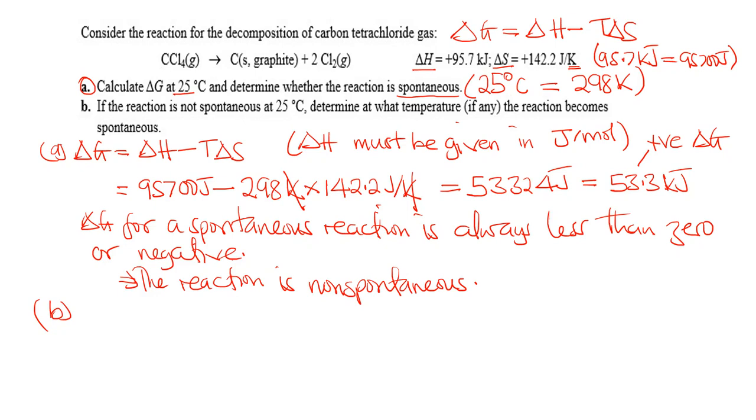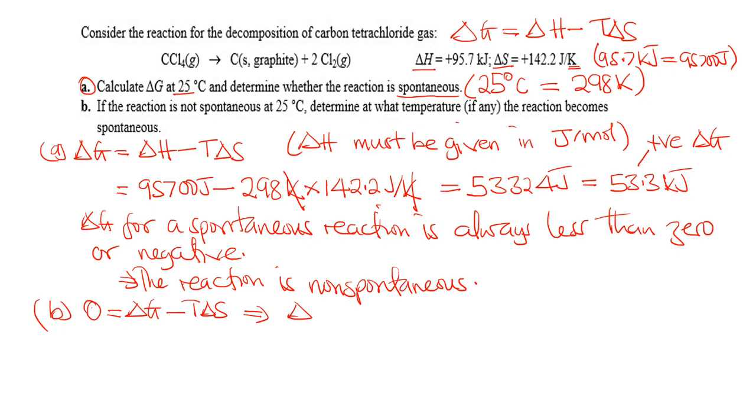So it needs to pass through equilibrium first before becoming spontaneous. So instead of delta G, we put 0. So 0 is equal to delta H minus T delta S. That is an equilibrium situation.